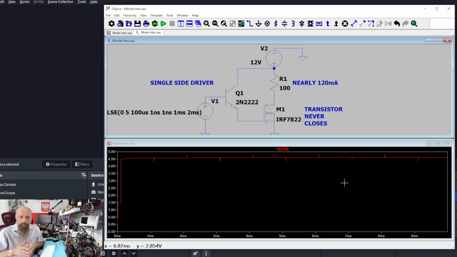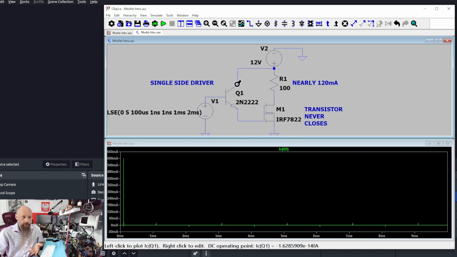So what's happening here? That is the first basic property of MOSFETs. The gate is kind of like a capacitor. You charge it to open the transistor, and to close the transistor, it's not enough to just cut the power to it, because that potential, that voltage, will remain on the gate of the transistor because it behaves like a capacitor. So we charged the gate and the gate never discharged, even though we stopped the current flow.